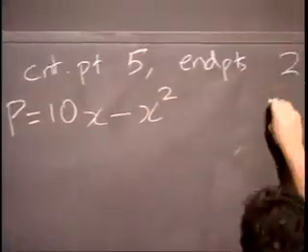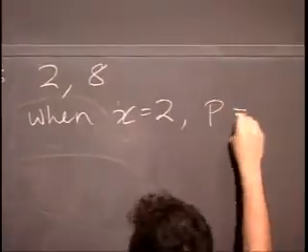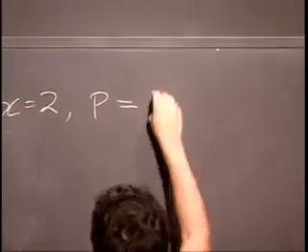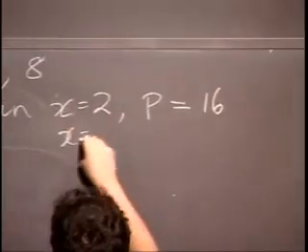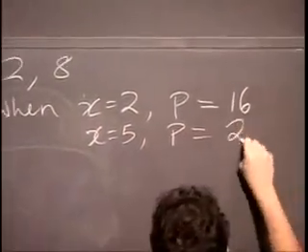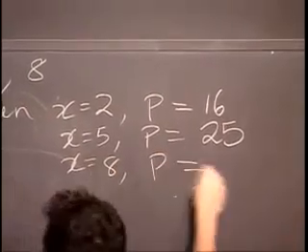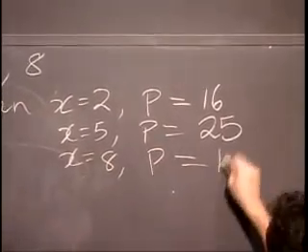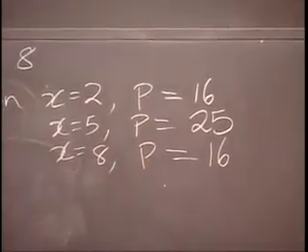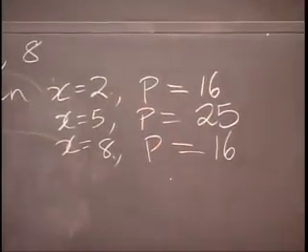So when x equals 2, we find P is 2 times 10 is 20 minus 4, 16. When x equals 5, P is 50 minus 25, which is 25. And when x equals 8, you can plug that in and see 80 minus 64 is 16. And of course, 2 and 8 give you the same answer, because the other number is 8 here or 2 here. So of course it's 16.